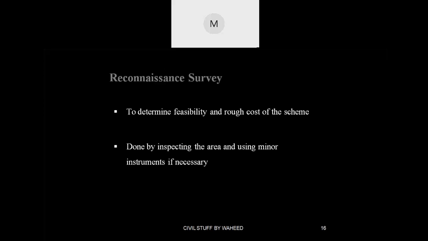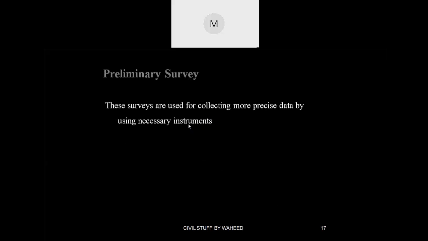Suppose you are able to get the map detail, then you will go to the particular site and inspect the area using minor instruments. Before going for the major instruments, we will go for surveying with minor instruments.